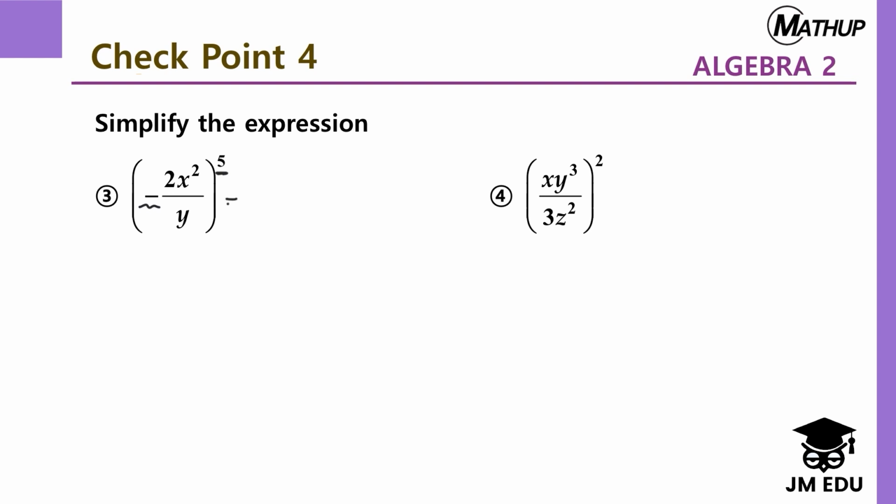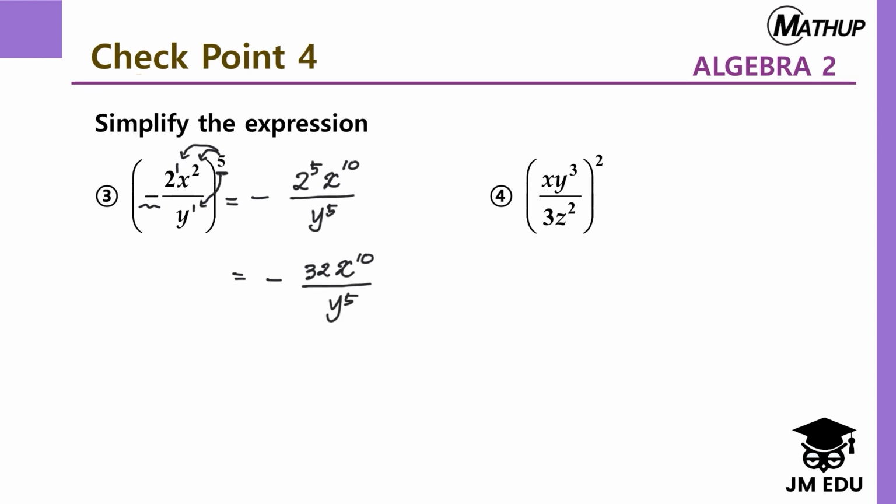So we have negative 2 to the power of 5, 5 times 2, x to the 10, and 5 times 1, y to the power of 5. 2 to the 5 is 32. So we have negative 32 x to the power of 10 over y to the power of 5.